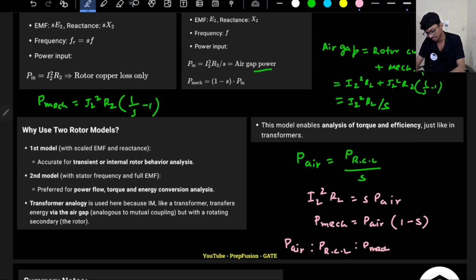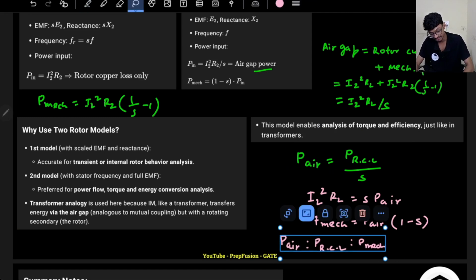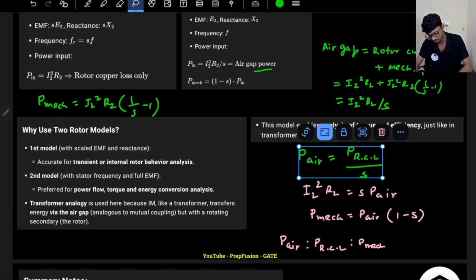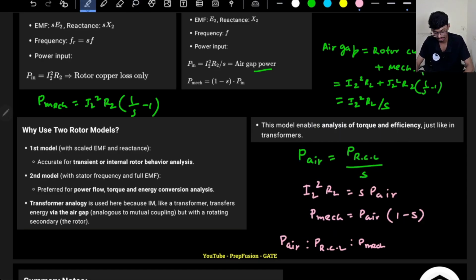the mechanical output power that I will receive. Of course, after receiving the mechanical output power, there are friction and windage losses, all those losses. Numerically, this is very important. If the air gap power is 1, then the rotor copper loss will be a ratio of S, right?